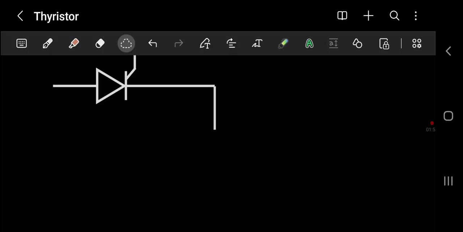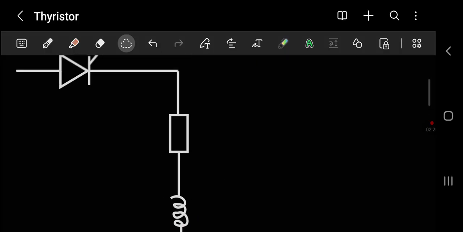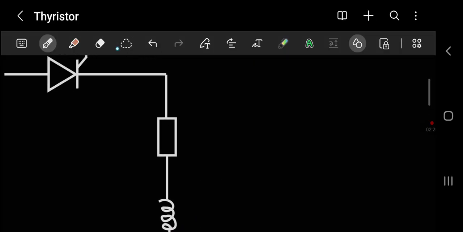And this thyristor is in parallel with an RL circuit, and this in parallel with another resistor.